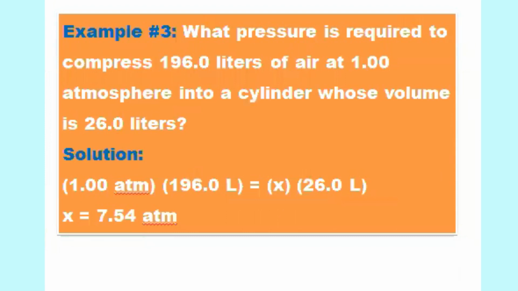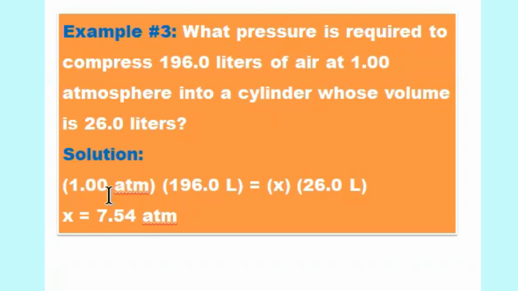The third example, what pressure is required to compress 196.0 liters of air at 1.00 atmosphere into a cylinder whose volume is 26.0 liters? First, identify the given and required. The given we have P1 and we have V1, and we are asked to find the pressure P2, and we have a volume of 26 liters.